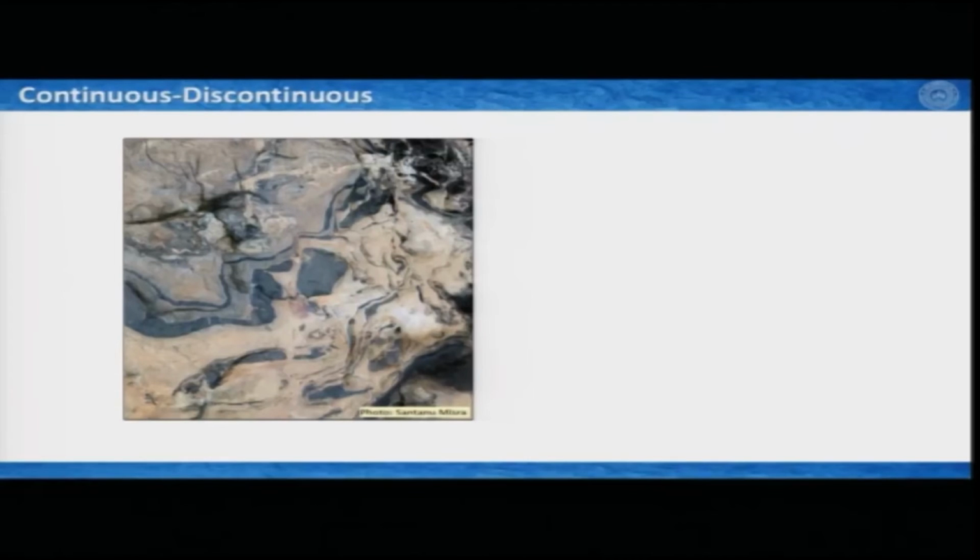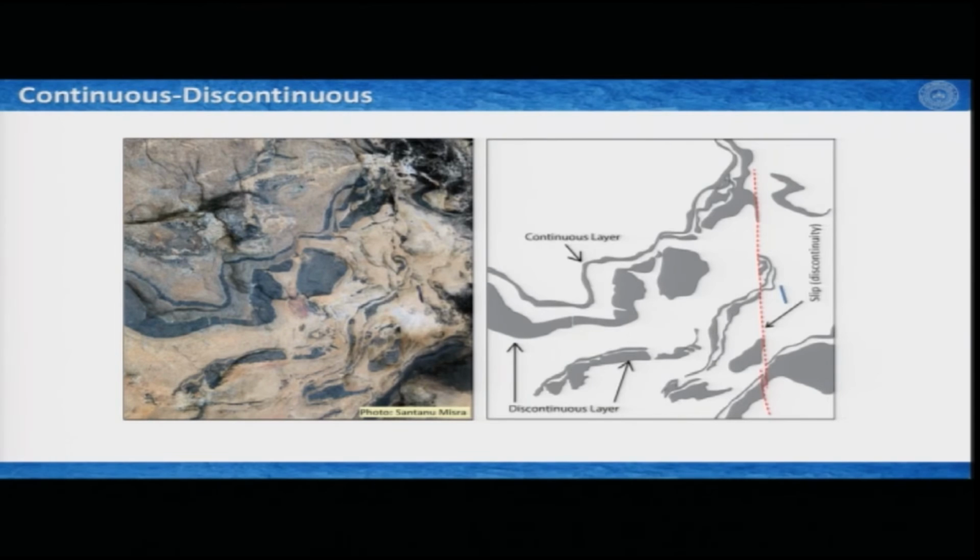Again, you have another example where I try to provide, for example, here this is a little complex structure. To understand it better or to highlight its features, I made a sketch of this which is on the right side, and you can see that a few layers which are marked by this arrowhead are continuous, and a few layers here are getting discontinued.